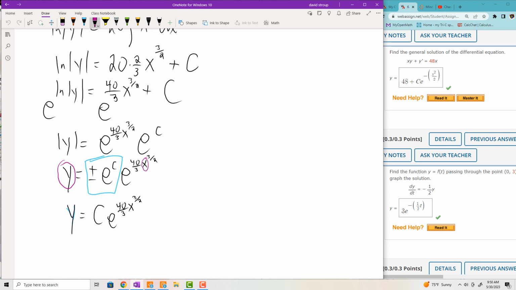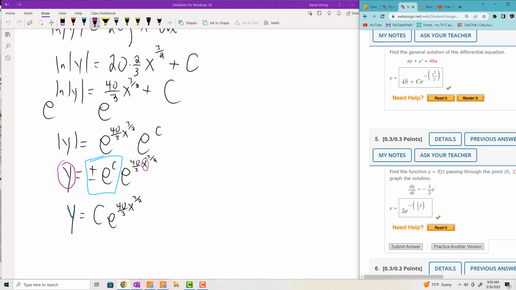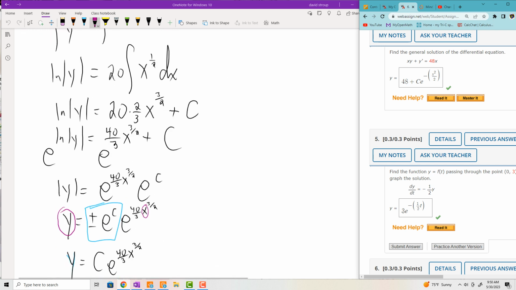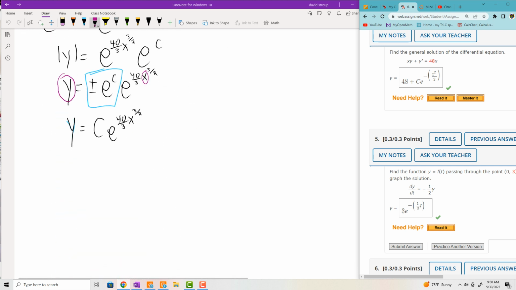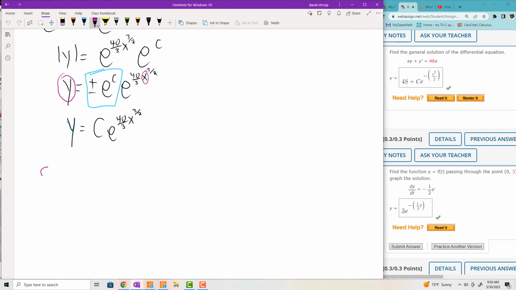Let's see if I can find one like number 5. So let's try number 5 and kind of see what's going on when we do actually look for a particular solution to the differential equation. Okay, so this equation is good because it is the form for the exponential growth curve.